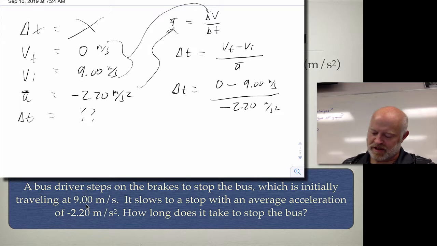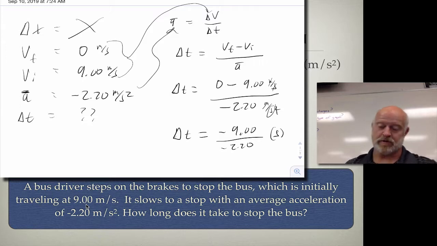So the label ends up canceling out the meters, canceling out one of the seconds, and we have a per second left, which in the reciprocal means it's seconds. So our change in time is basically negative 9.00 divided by negative 2.20, and our label is going to end up being seconds. So take negative 9 divided by negative 2.20. That gives us our answer.